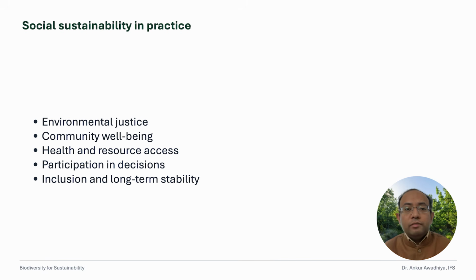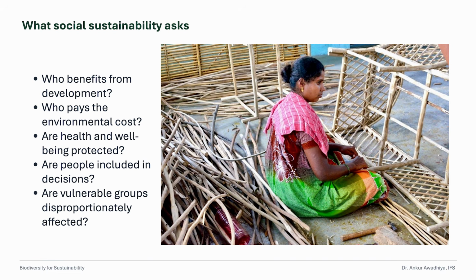It is not enough to claim that a project is useful in aggregate. We need to ask how it affects daily life, public health, access to resources, and the ability of people to shape the decisions that affect them. So, this pillar asks a different set of questions.